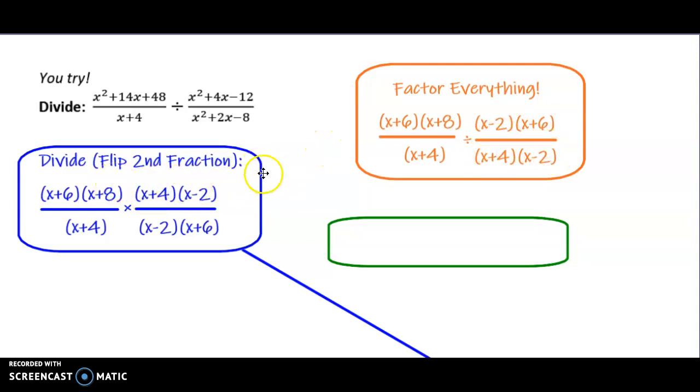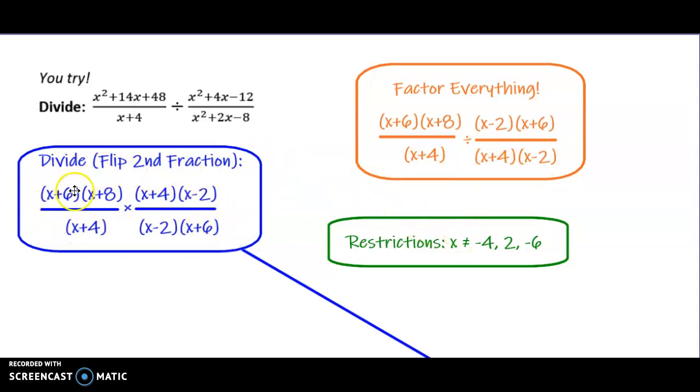Then I'm going to divide. The way you divide fractions is you rewrite the first one, multiply, and flip the second. When I'm stating my restrictions, I must state the restrictions for the original problem as well as after I flip. So therefore the restrictions should be negative 4, positive 2, and negative 6.